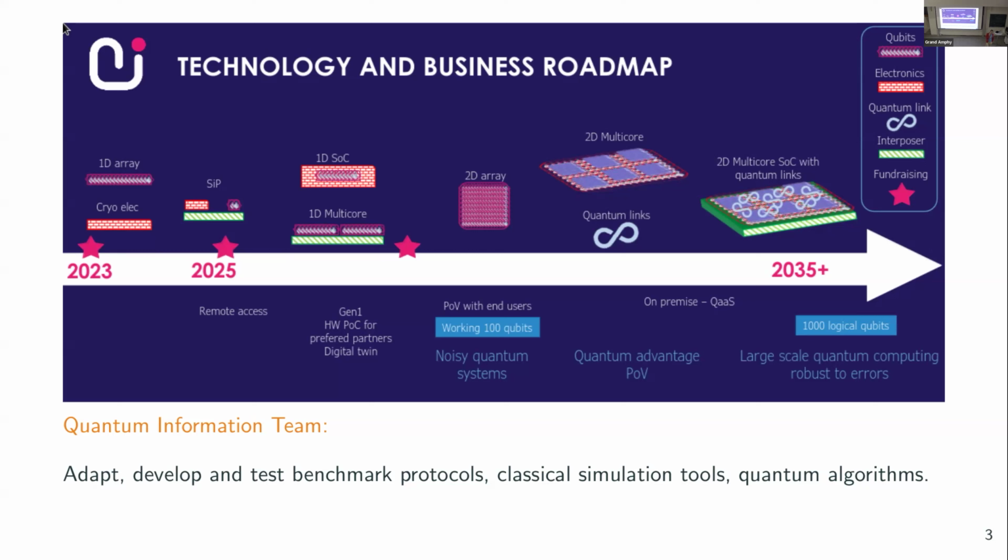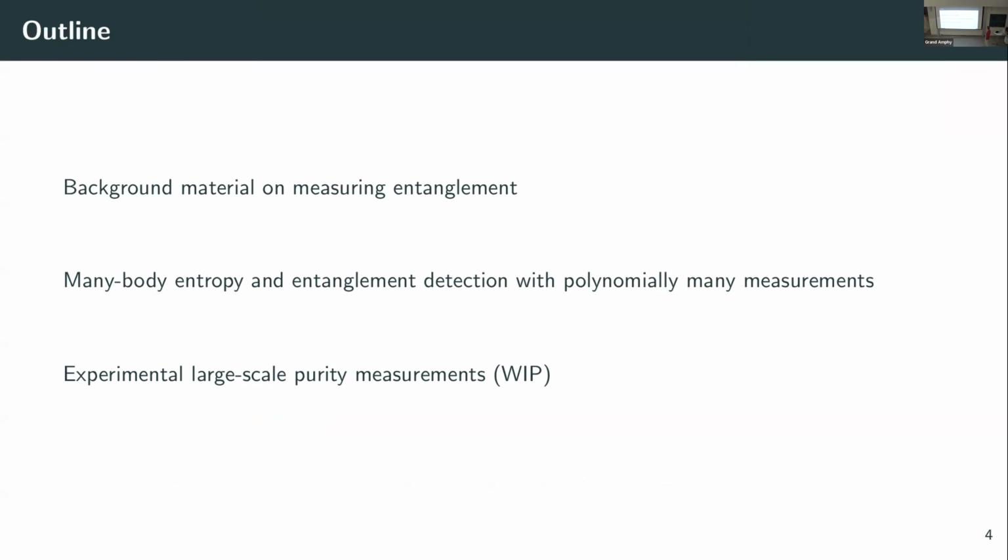At the same time, we have to develop simulation tools to make predictions and to compare with experiments. Most of that will be about tensor networks, and we will have quantum algorithm activity. But today I will talk about the university work.